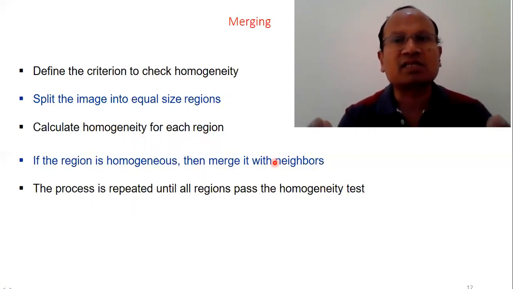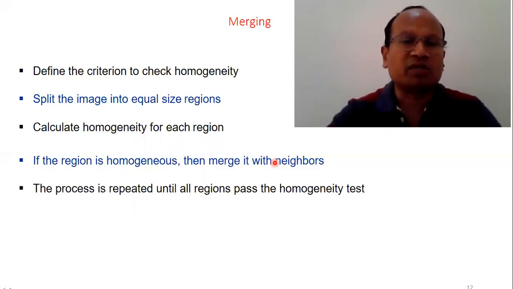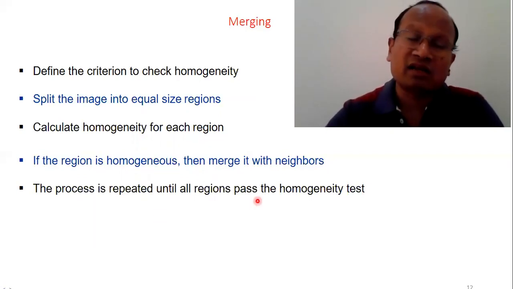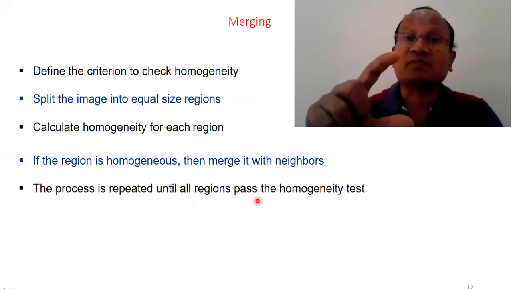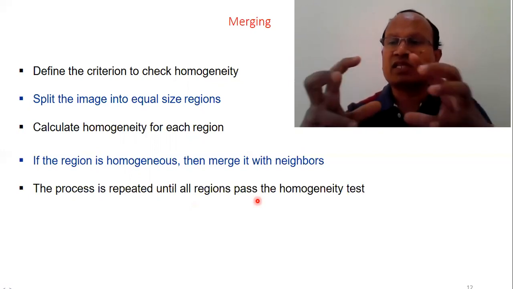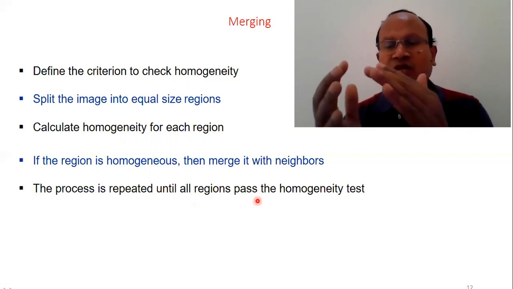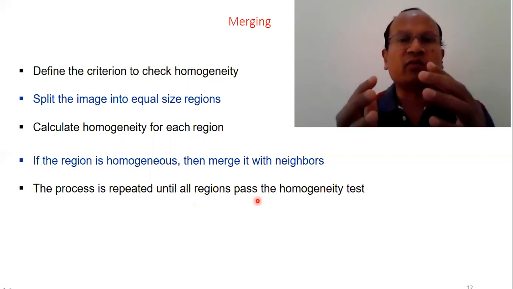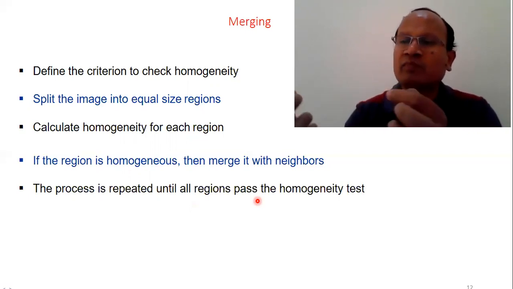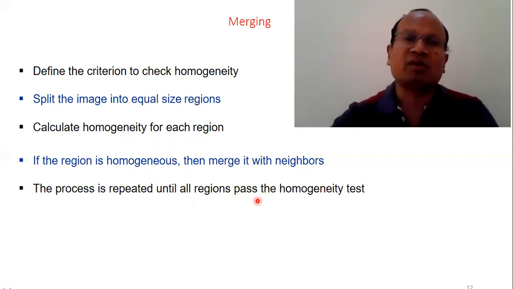If they are less than some threshold, they can be merged together. This process repeats until all similar regions are part of some area, because initially in the image similar regions may not be in one area. Generally they are not in one area, but in segmentation we split, and then wherever we find similarity, those areas can be merged.